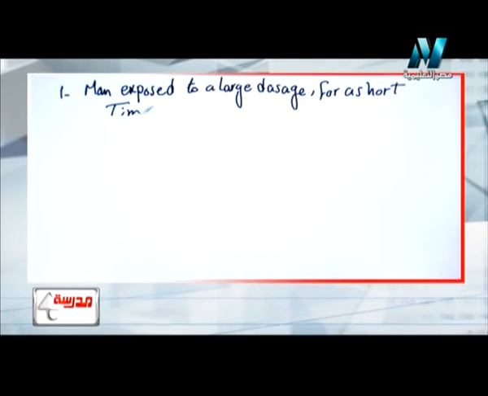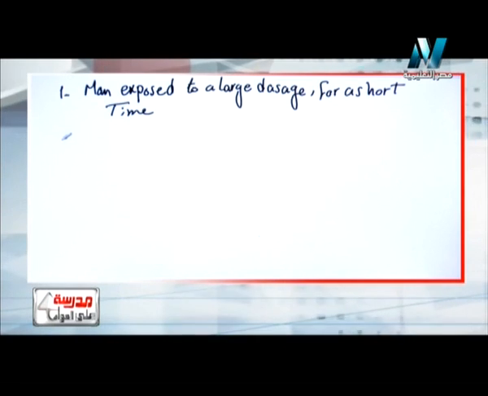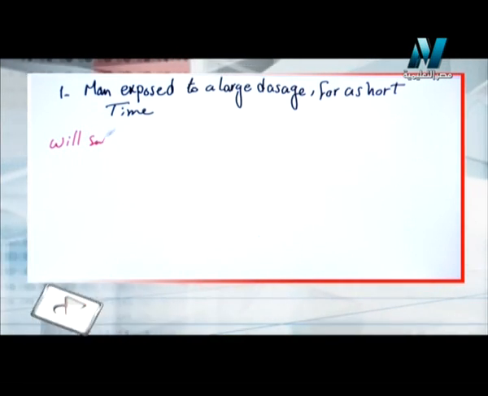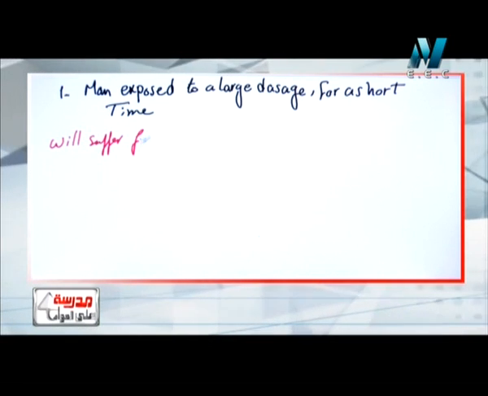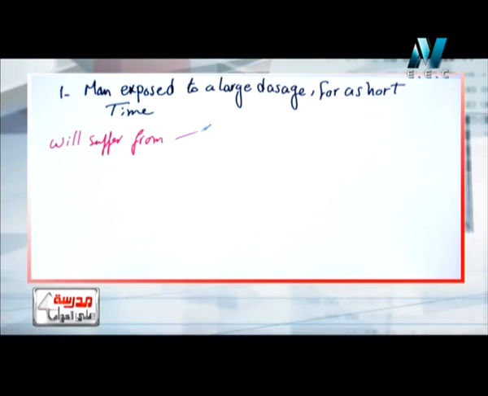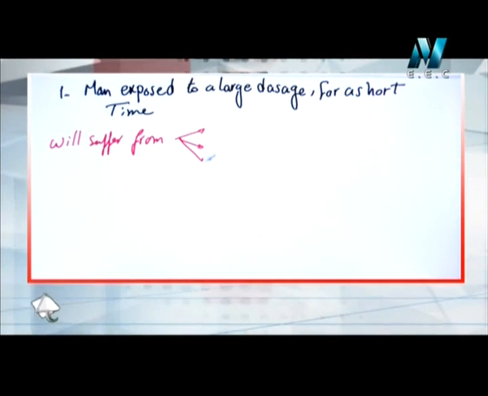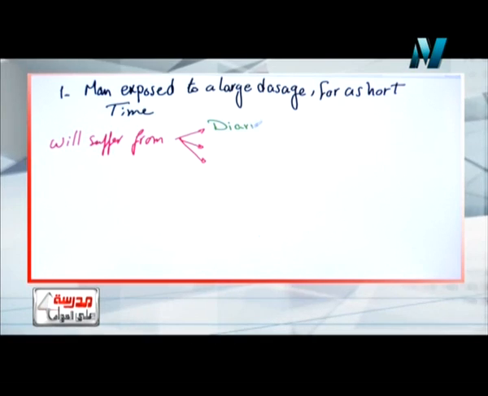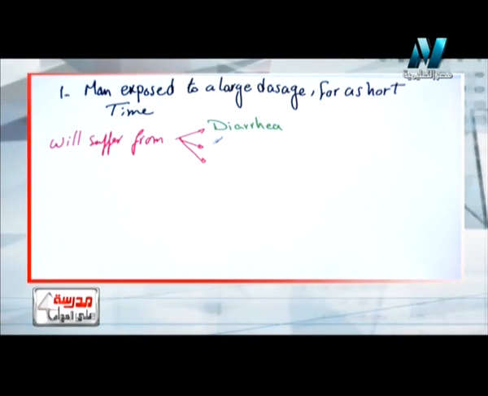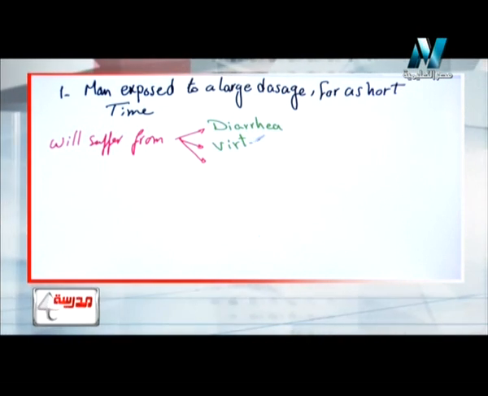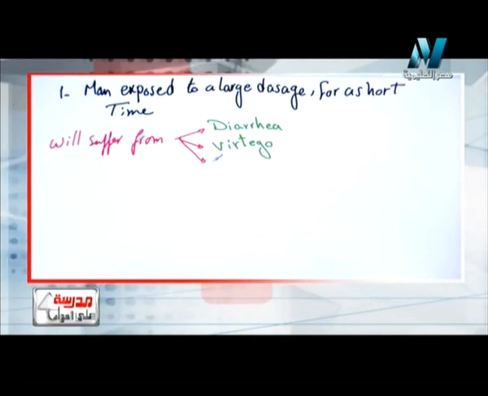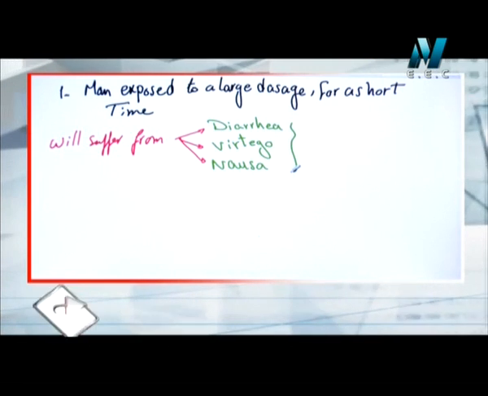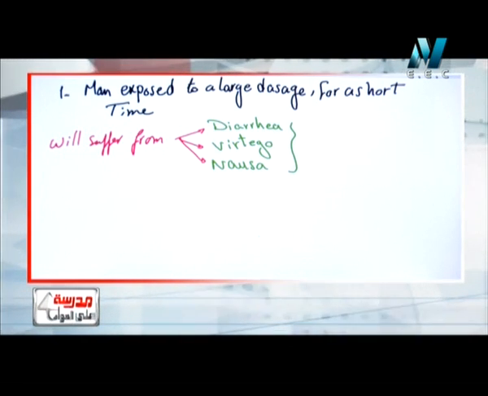What will happen to him? I write: will suffer from, 1, 2, 3. Number 1: diarrhea, nausea and vertigo. These 3 symptoms are due to what?